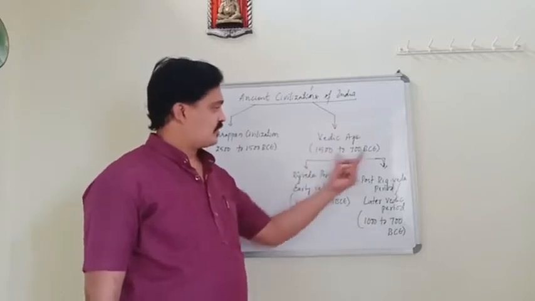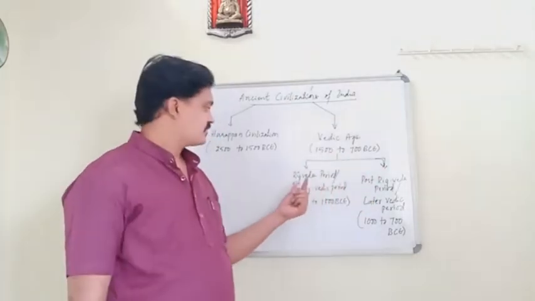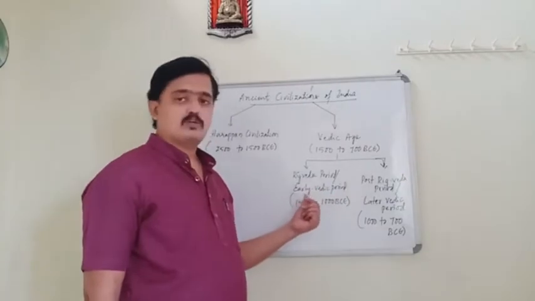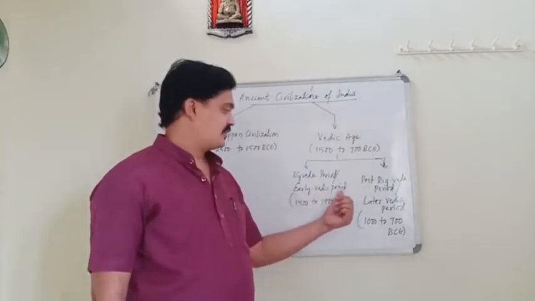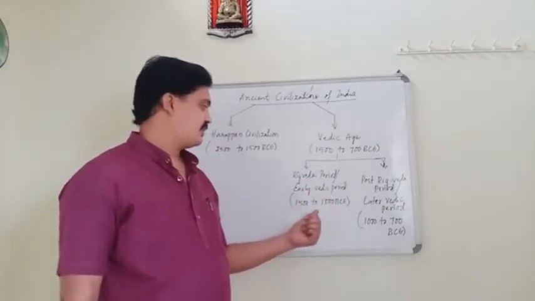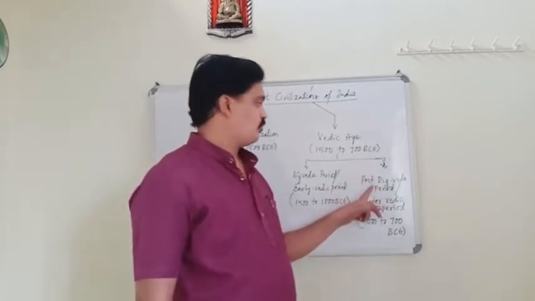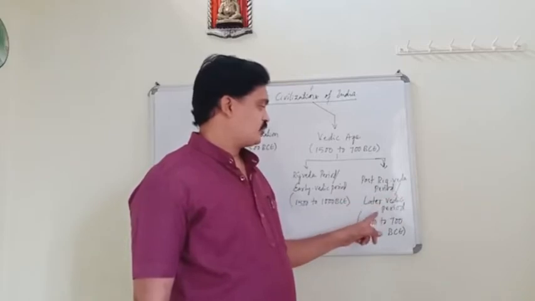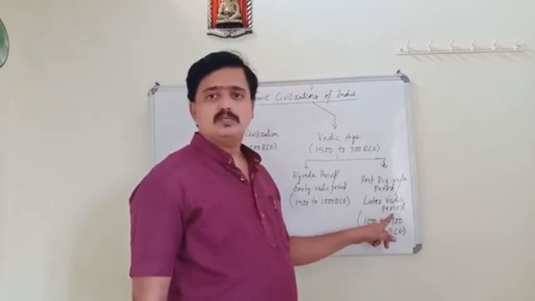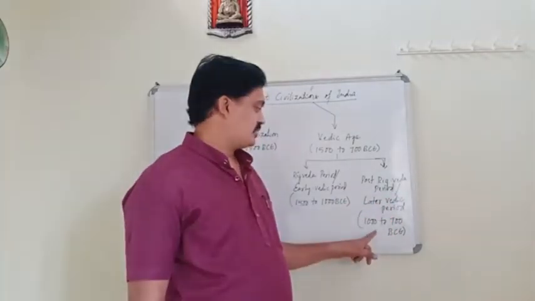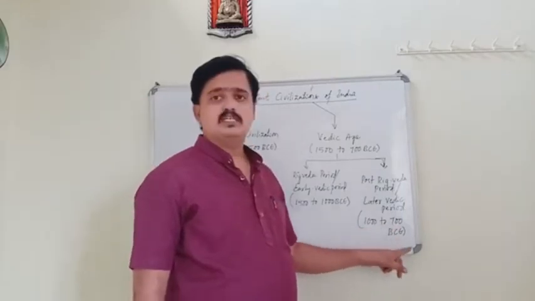The Vedic Age is subdivided into the Rigveda period, or early Vedic period, 1500 to 1000 BCE, and the post Rigveda period, or later Vedic period, 1000 to 700 BCE.